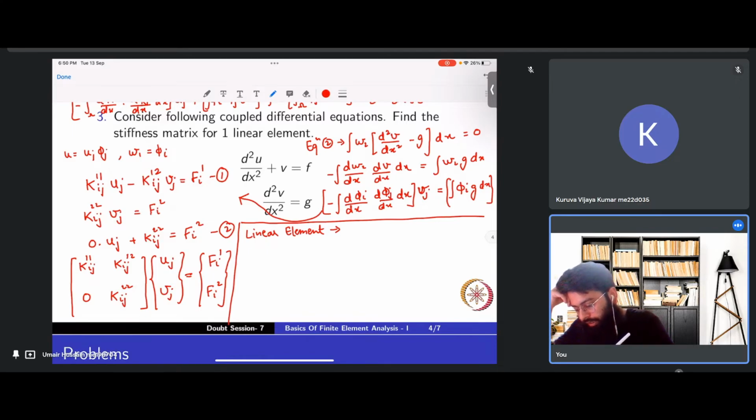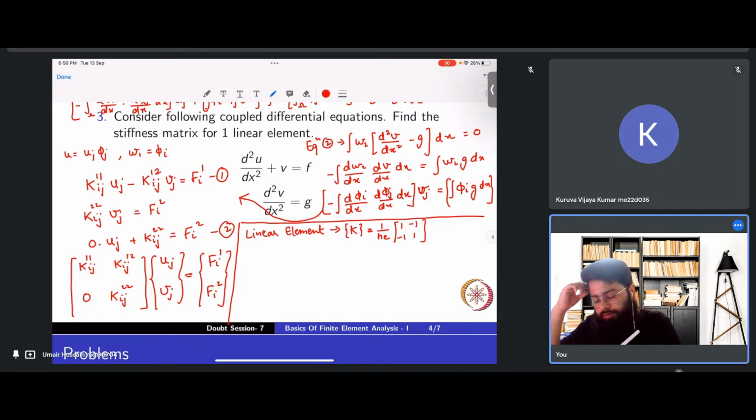Every ki is the same, right? We don't need to worry about k here. We just keep things simple. So k is 1 upon he times 1 minus 1 minus 1 1.